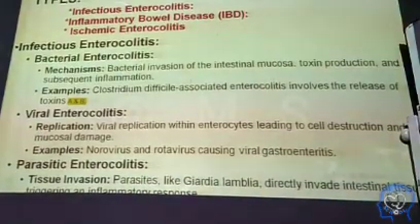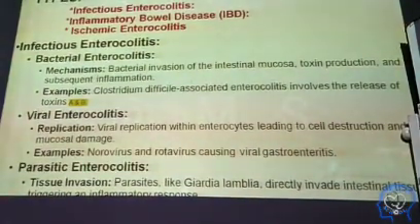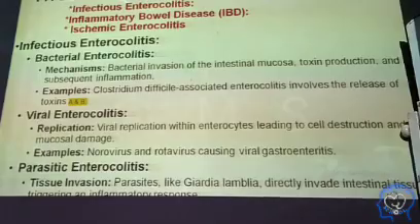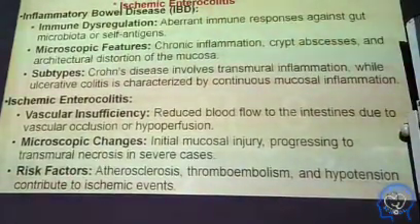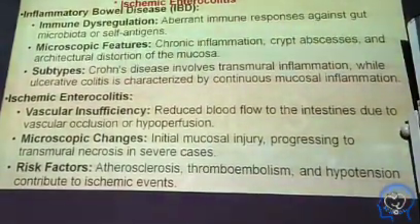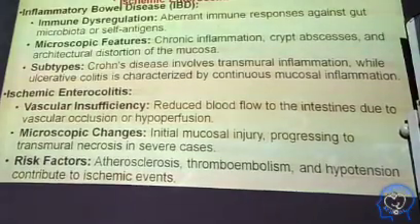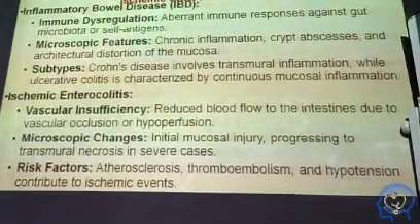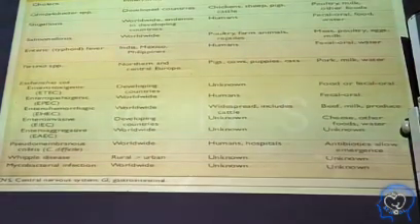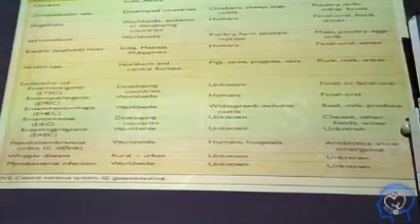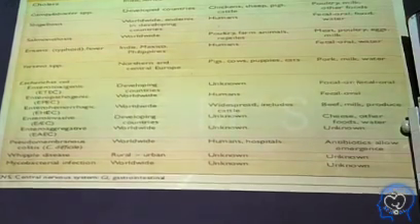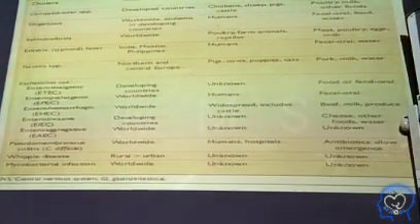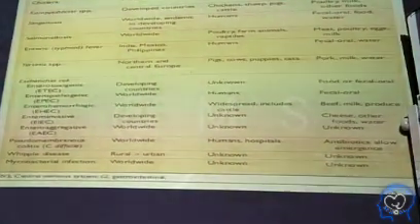Giardia is the same here to produce enterocolitis. I'm not going into detail of inflammatory bowel disease because you did it; ischemic colitis we will discuss in detail. And this is the list of the bacteria which cause it. This slide will be repeated in tomorrow's lecture.